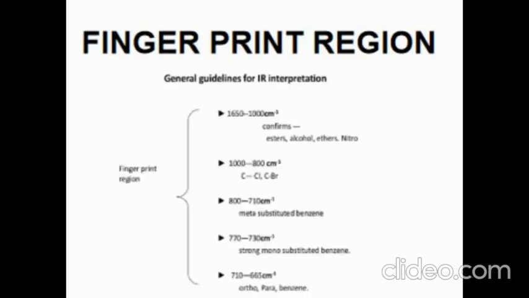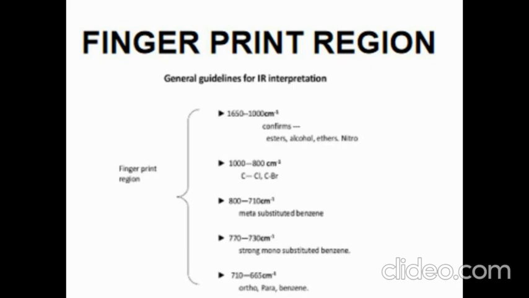Now coming to the peaks which appear between 1500 and 650 centimeter inverse. In this zone, the stretching frequencies for single bonds appear which are not XH stretching, since XH stretching comes in the 4000 to 2500 centimeter inverse region.